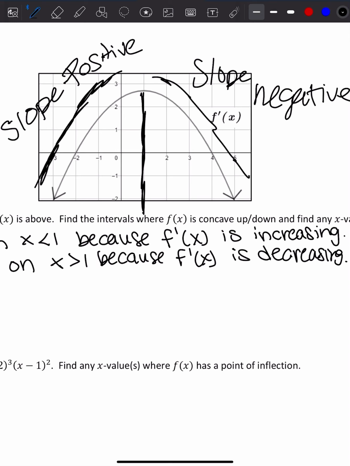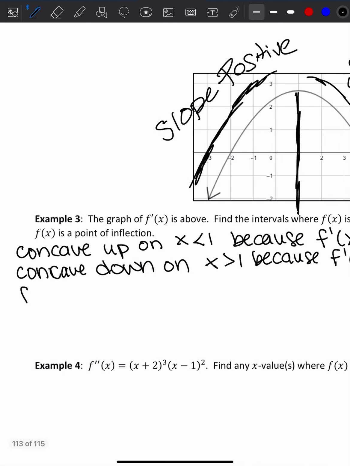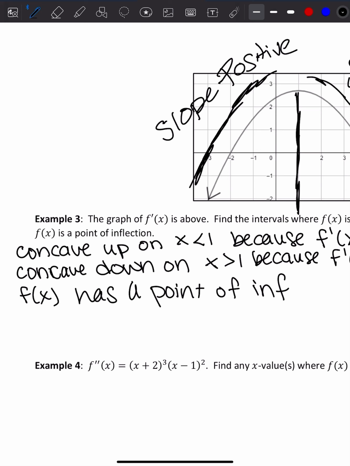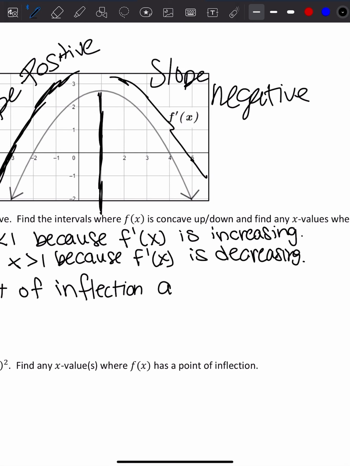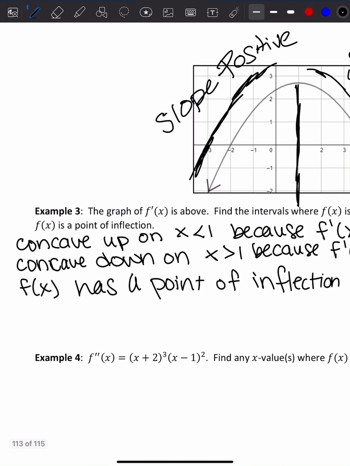So at that point where it changes, that point 1, we have a point of inflection. So f of x has a point of inflection at x equals 1 because f prime of x changes from increasing to decreasing.